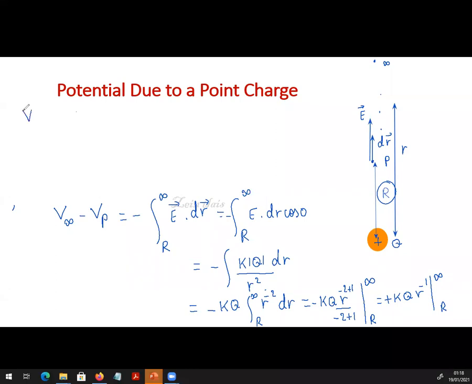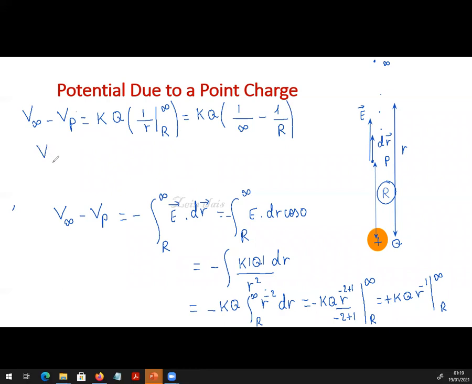So V infinity minus Vp equals KQ times 1 over R between R and infinity, which equals KQ times (1 over infinity minus 1 over R). Okay?